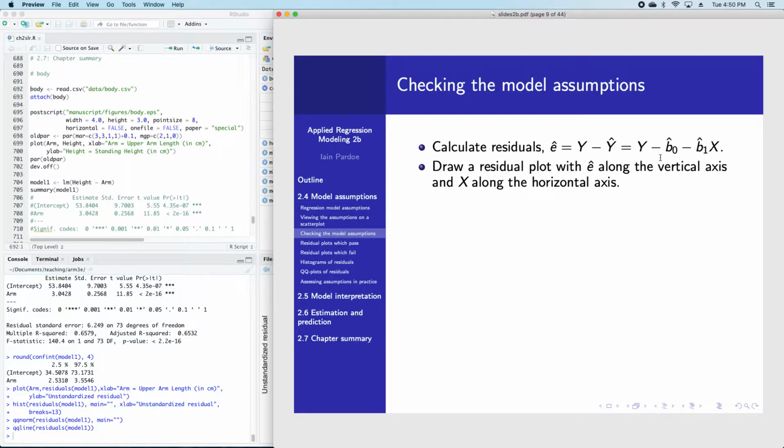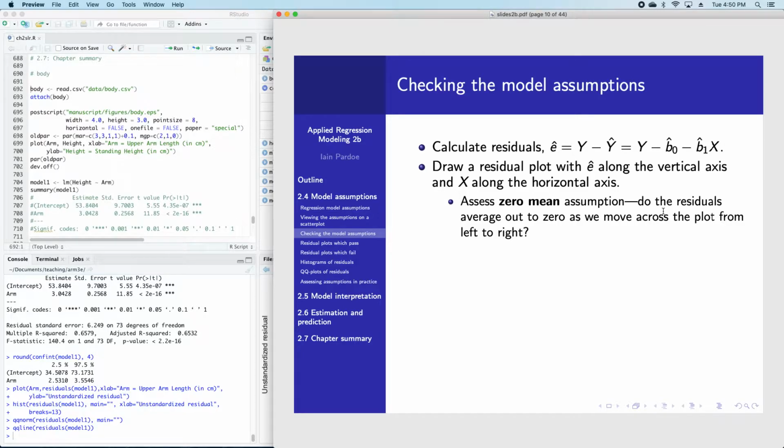And the fitted value of y is given by the regression equation, b0 hat plus b1 hat x. So we calculate those residuals, so there'll be a residual for every observation, and then we can draw a residual plot that has those residuals along the vertical axis and the predictor values along the horizontal axis.